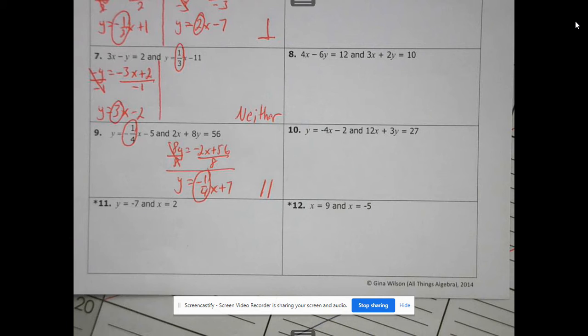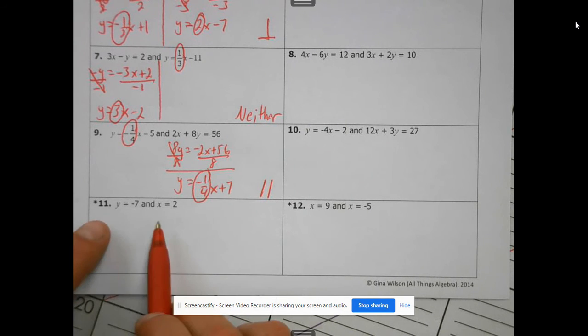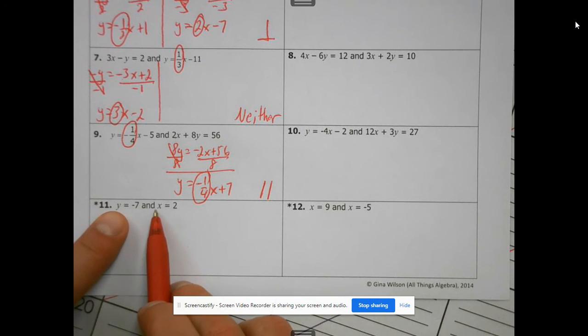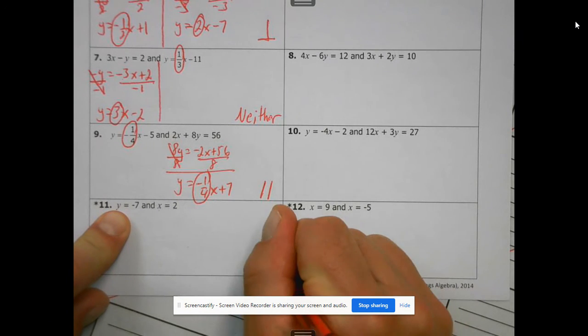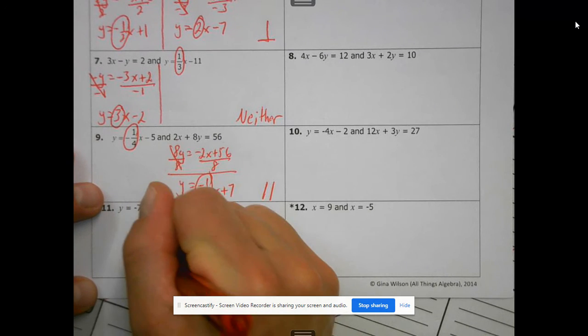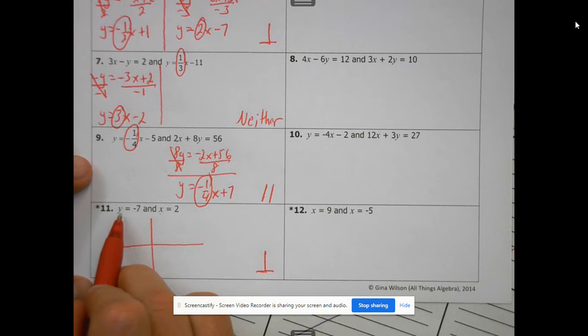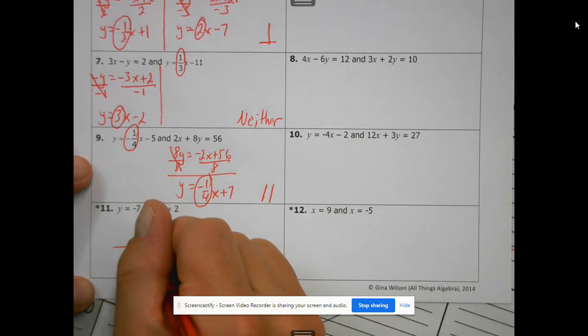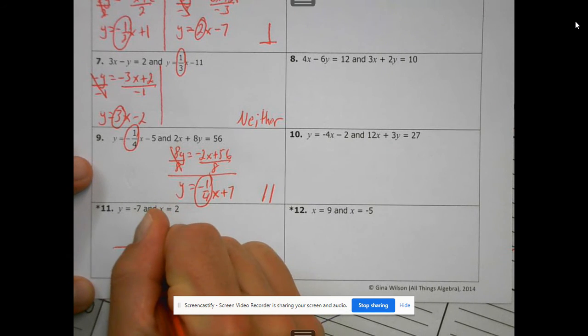Number 11. Whenever you have a y equals and an x equals, they will always be perpendicular. But graphically, let's see what that looks like. Y equals negative 7. So the y-intercept is negative 7. 1, 2, 3, 4, 5, 6, 7.